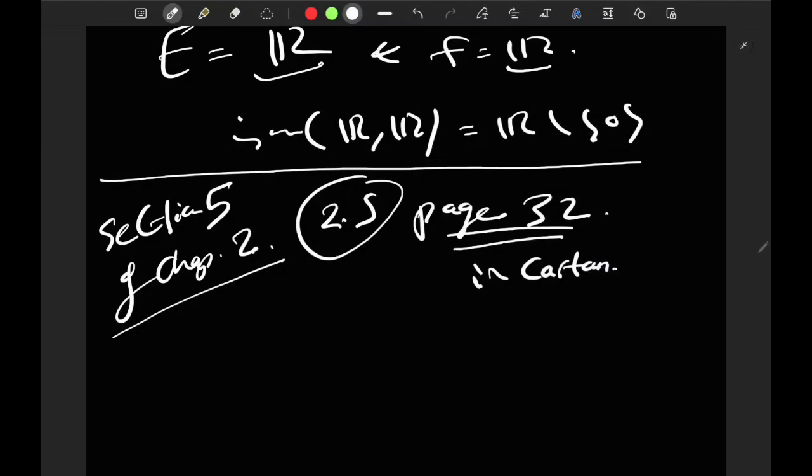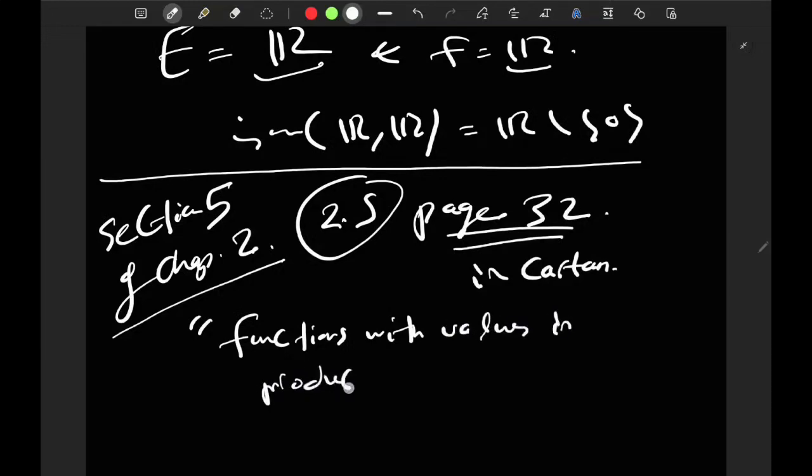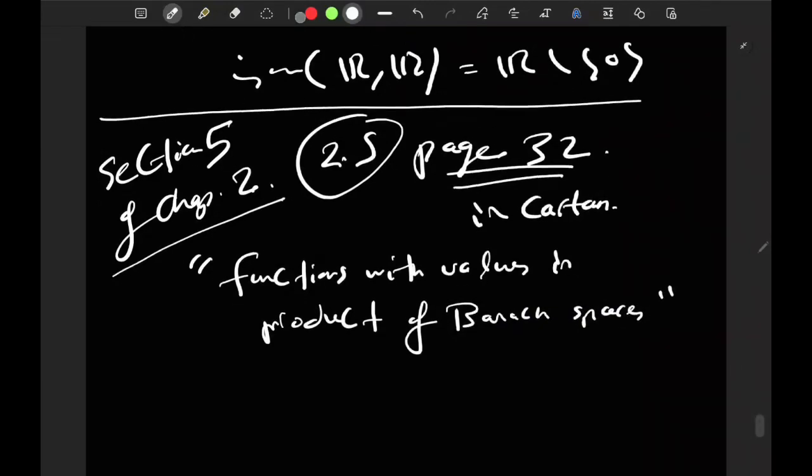The title of this section is functions with values in product of, now here Cartan insists on saying product of Banach spaces, but we really don't need the spaces to be Banach, we just need them to be normed vector spaces. So for us this is not Banach, this is product of normed vector spaces.